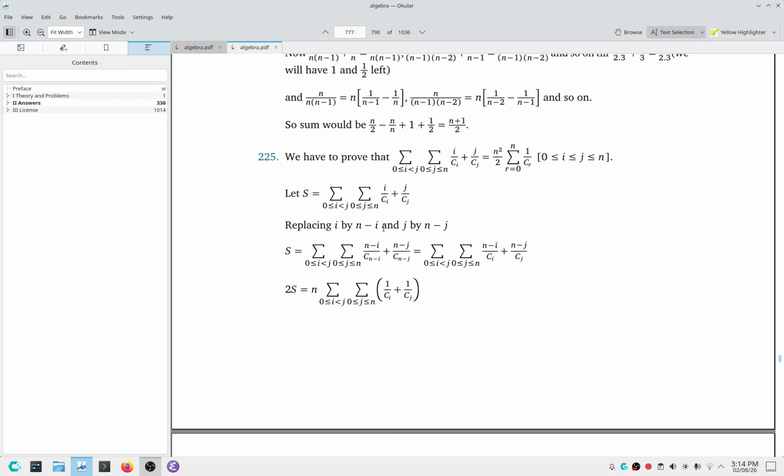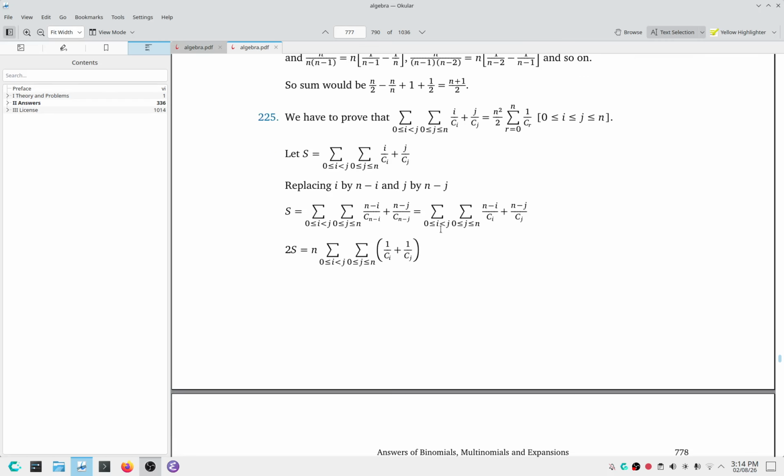We replace i by n minus i and j by n minus j. So it becomes sigma 0 less than or equal to i less than j less than or equal to n of n minus i upon ci plus n minus j upon cj. Thus 2s is equal to n times sigma, both sigmas, times 1 upon ci plus 1 upon cj.